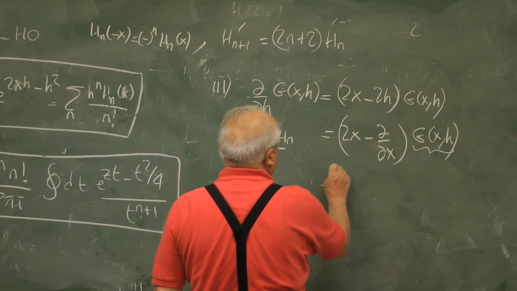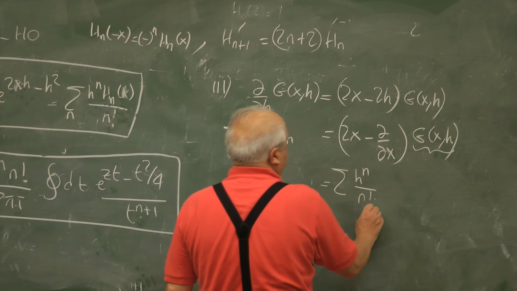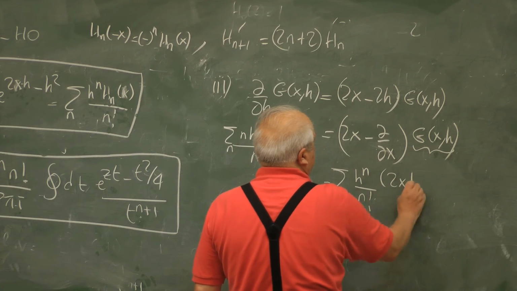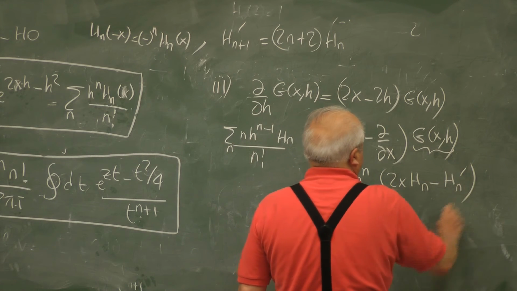This is equal to sum of h to the n over n factorial, 2x Hn minus Hn prime.